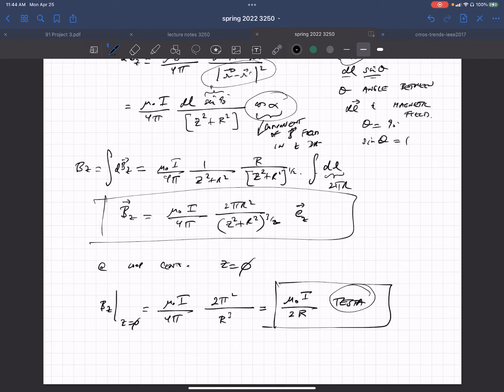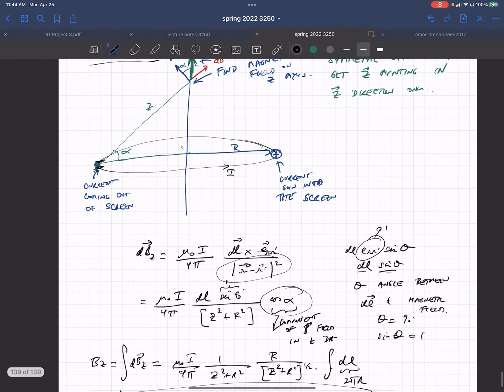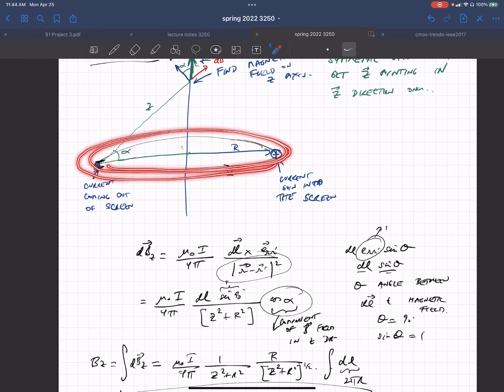Remember, Tesla is the unit for magnetic field, so that's the value of the magnetic field, and it's going to be pointing straight up, because the current is going in this direction.